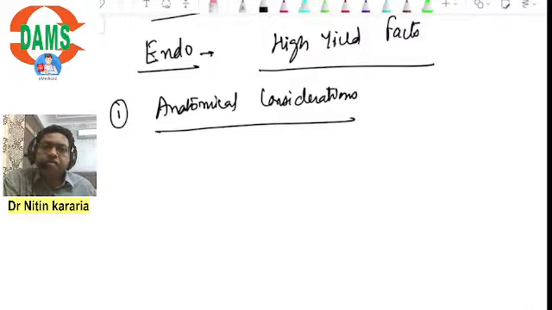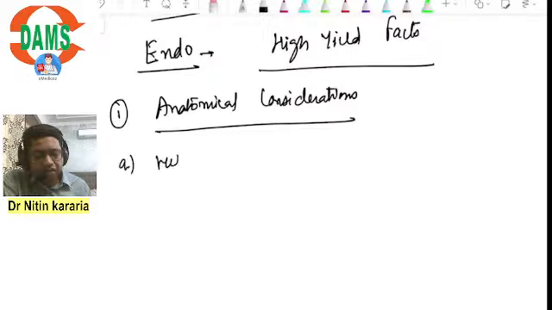Anatomical considerations are basically related to the root canal anatomy and its variations. Whenever we talk about the root canal anatomy, one common thing which is asked is the classification of the root canal configurations. So the first thing is the Vertucci canal configuration.